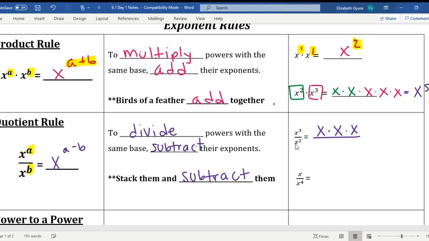Okay. On the bottom, I have x to the second. So how many x's should I draw on the bottom? Nick says 2. Yep, 2. All right. So this means I have 3 x's on top, 2 x's on the bottom.